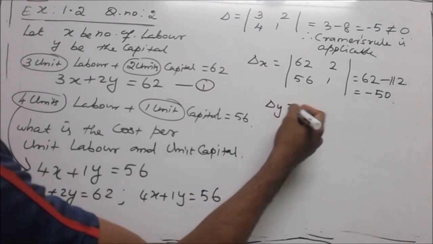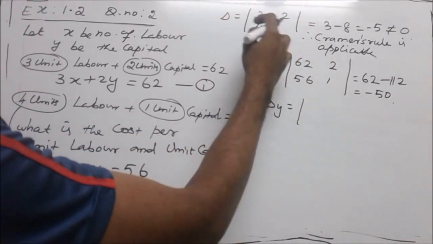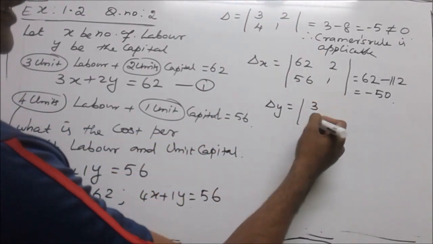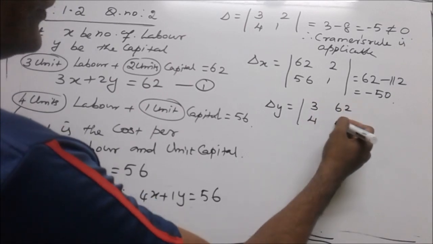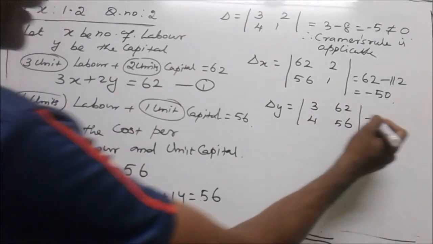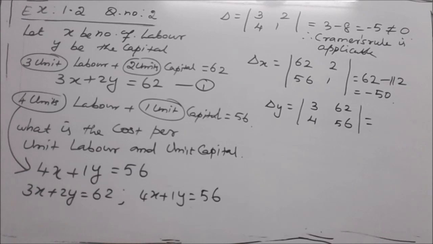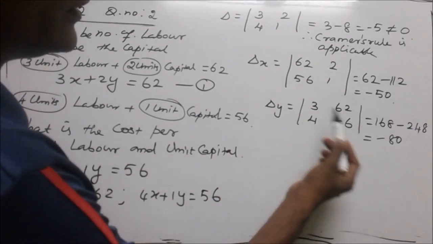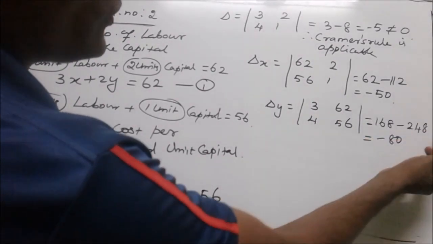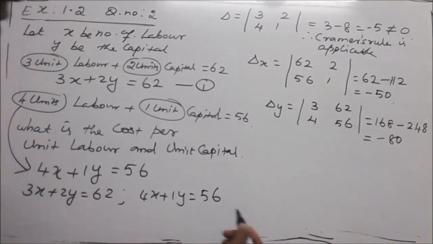Delta y equal to, replacing the coefficients of y by the constants, 3, 4, 62, 56, which will be equal to 3 into 56, that is 168, minus 248. Subtracting, we will get minus 80.